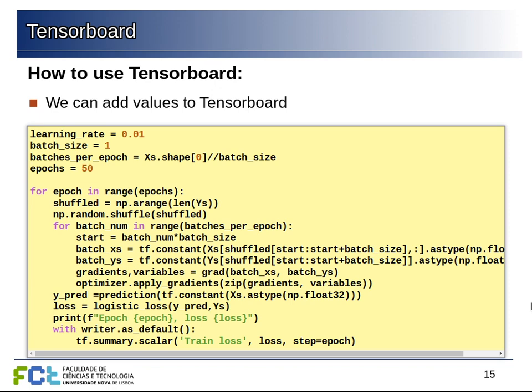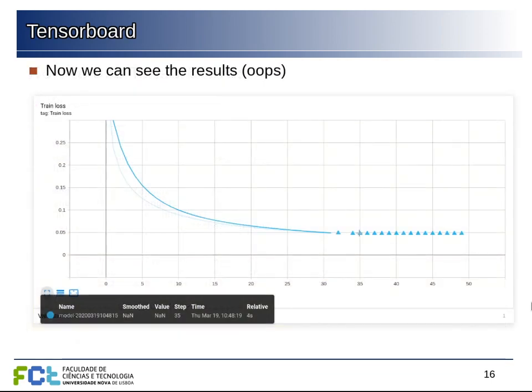We had a printout to get the error, but we can also use the TensorBoard writer for the directory we created, and write a scalar here. We can call it train loss. We say which epoch we are in and what the value is. This basically allows us to plot the graph of the training loss for this run.